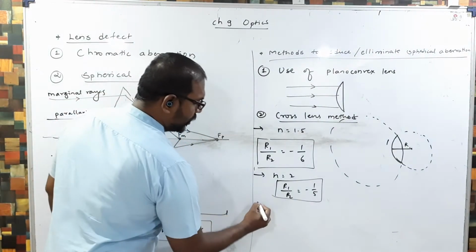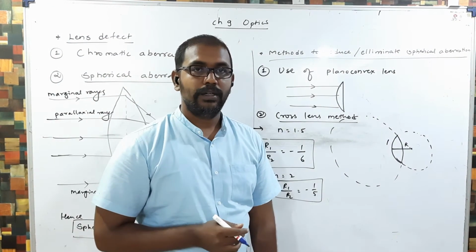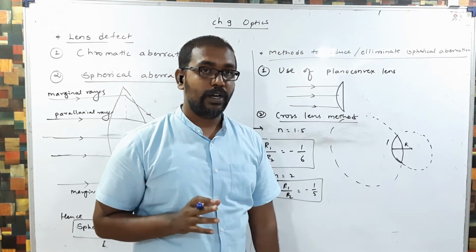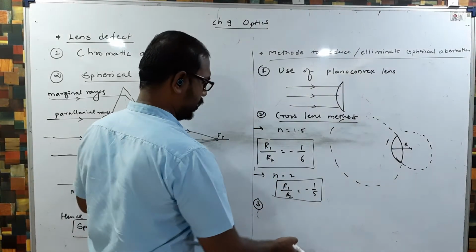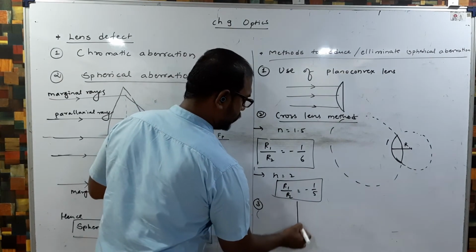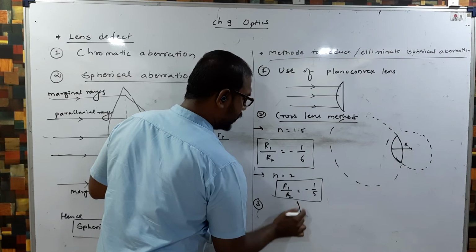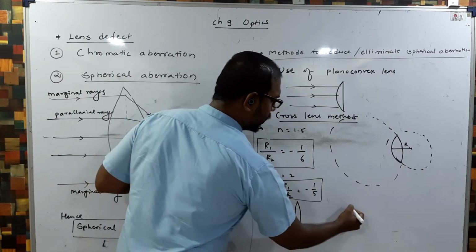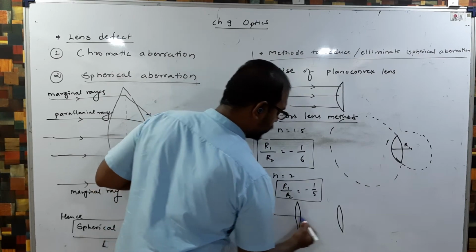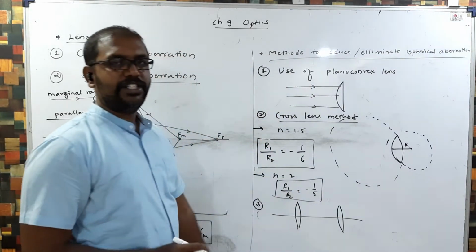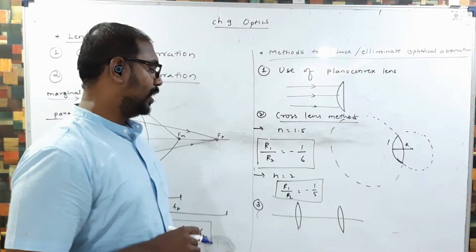The third method is to use two very thin converging lenses. Converging lens means convex lens. This is the first thin lens and this is the second thin converging lens, separated by a distance equal to the difference in the focal lengths of the two lenses.